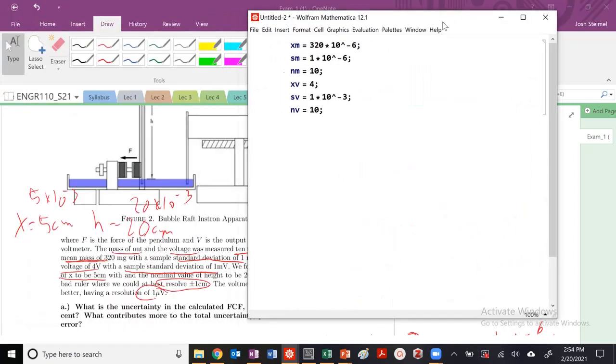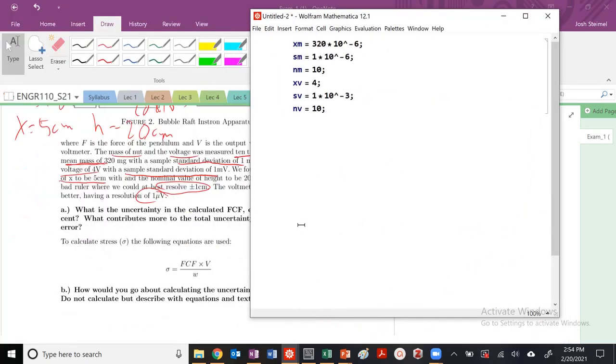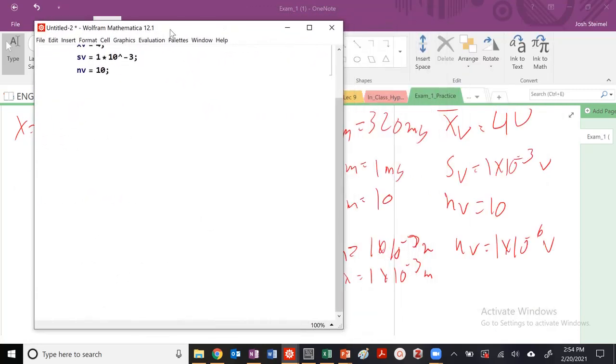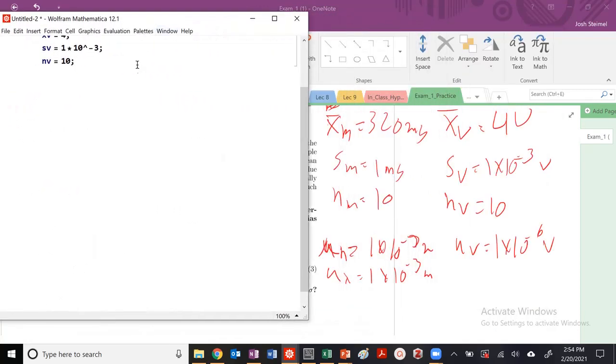What are some other values? I'm going to wait and plug in my values of x and h later, but I have some uncertainty. Uncertainty in h is equal to 1 times 10 to the minus 3 meters. Uncertainty in x equals uncertainty in h, and uncertainty in v equals 1 times 10 to the minus 6.